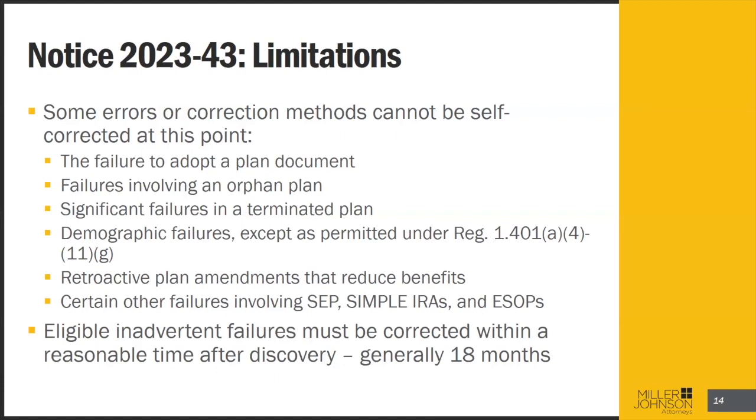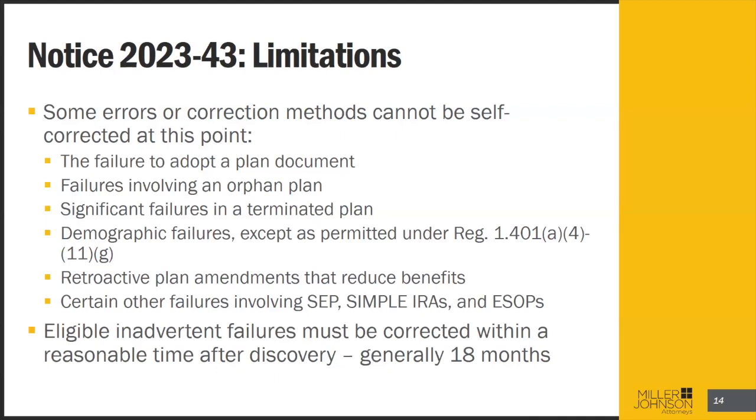But what the IRS is just confirming here is that you still can't do retroactive amendments that take anything away or make it less favorable. There's some other failures that you cannot correct under simple plans, simple IRAs. They can't self-correct. And ESOPs. The ESOPs have an anti-abuse provision under Section 409(p) of the code that is really just a horrendous penalty if you violate it, and it's easy to violate it through deferred compensation programs that apply to owners.